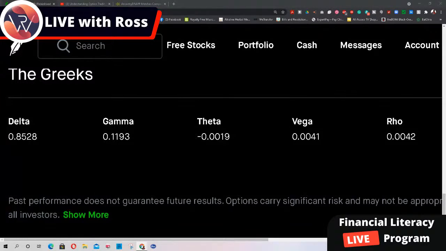Now, theta is part of the group that we see here called the Greeks, which are used in option pricing. Remember, options give the buyer the right to buy or sell an underlying asset at the strike price. The strike price is essentially your call or put price.